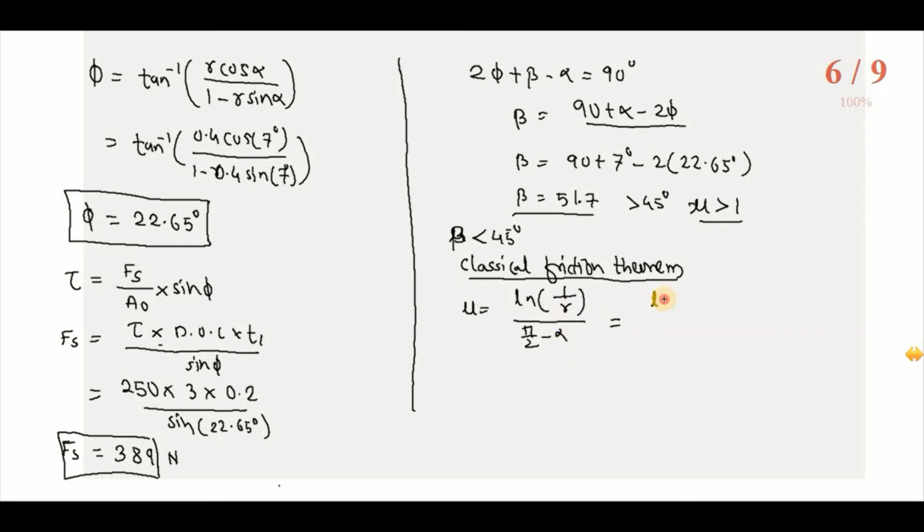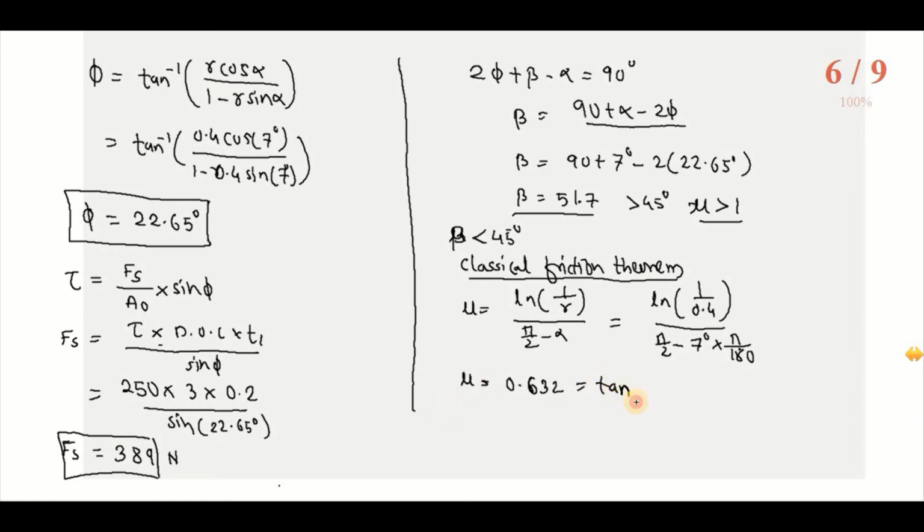Putting r as 0.4 and converting alpha from degree to radian by multiplying with pi by 180, you are getting this coefficient of friction value, that is 0.632.